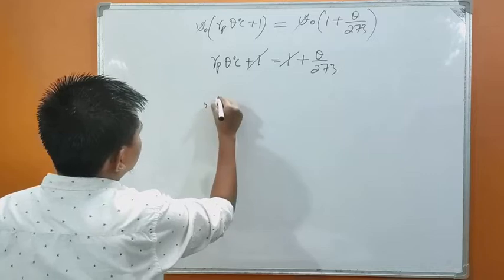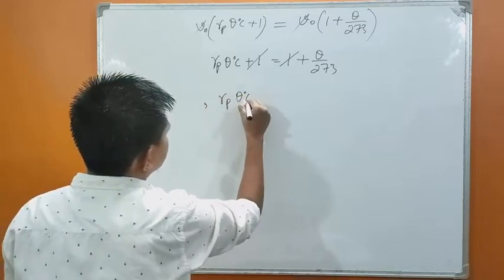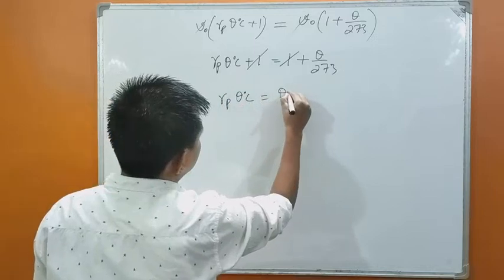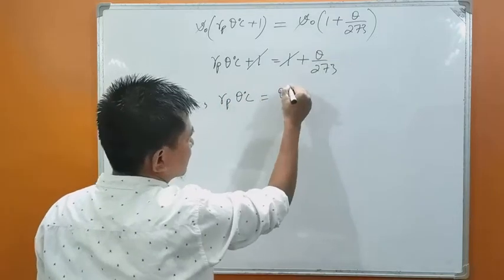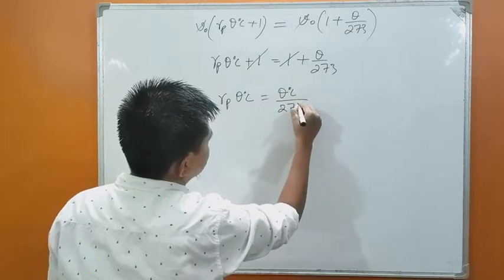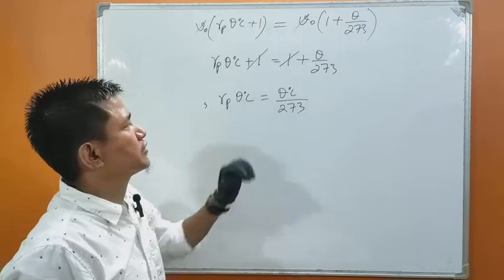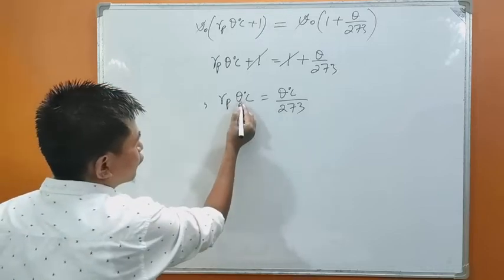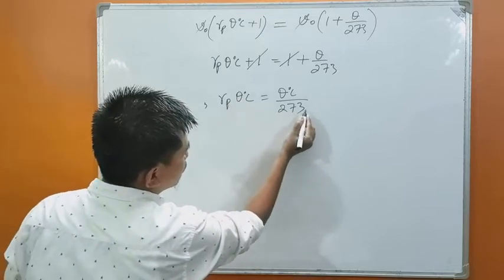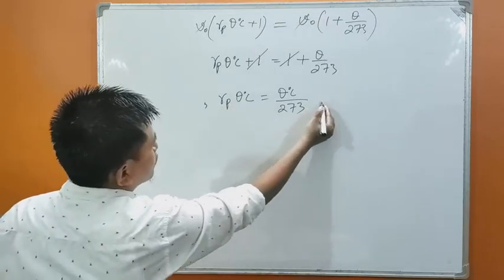Now comes gamma P theta degree Celsius equals theta degree Celsius upon 273, isn't it? This theta is also temperature in degree Celsius. If you take this theta degree Celsius to the right hand side, by cross multiplication it goes to the denominator, so this can be cancelled.